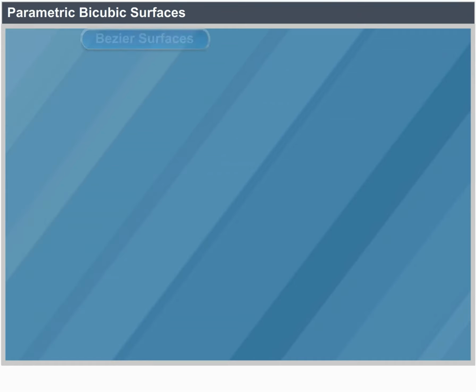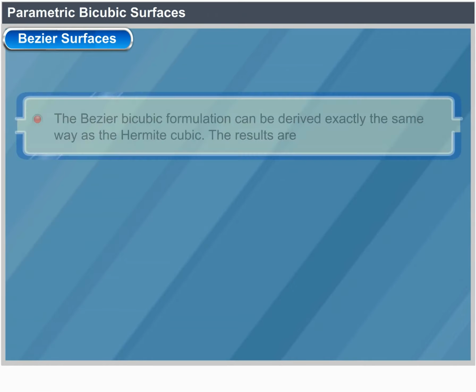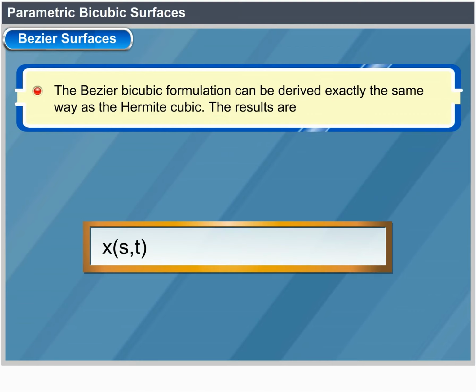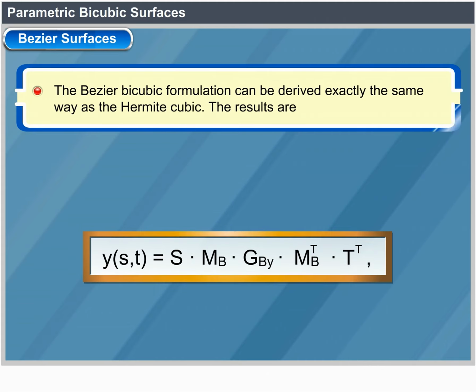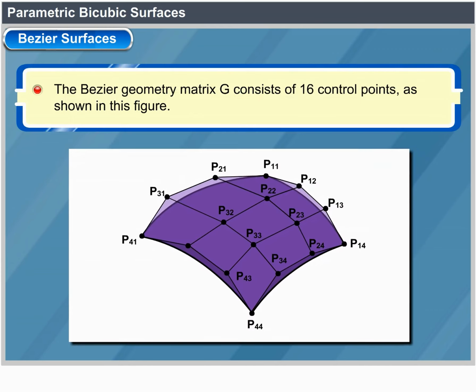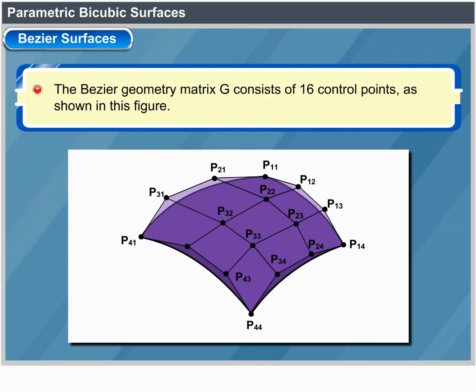Bezier surfaces. The Bezier bicubic formulation can be derived in exactly the same way as the Hermite cubic. The results are as shown. The Bezier geometry matrix G consists of 16 control points as shown in this figure.